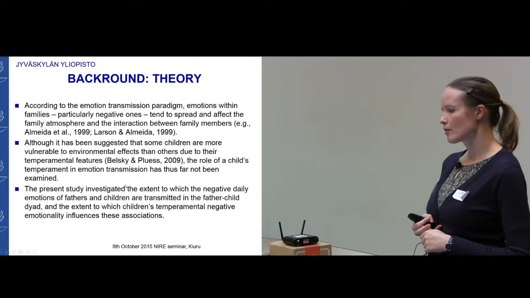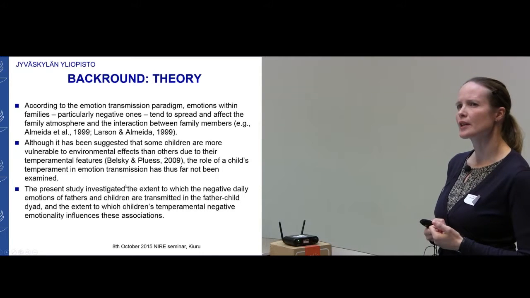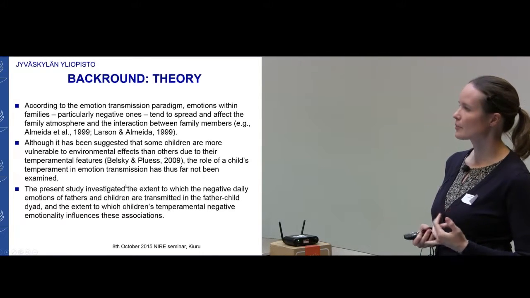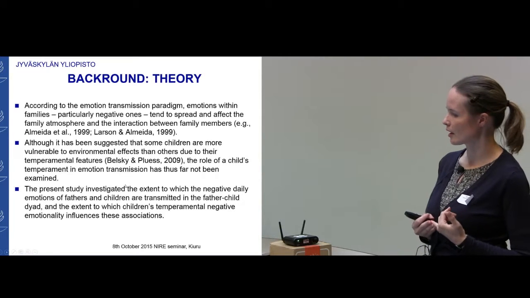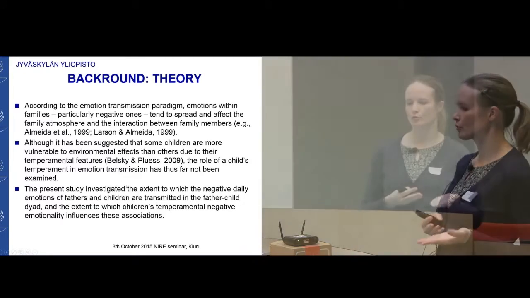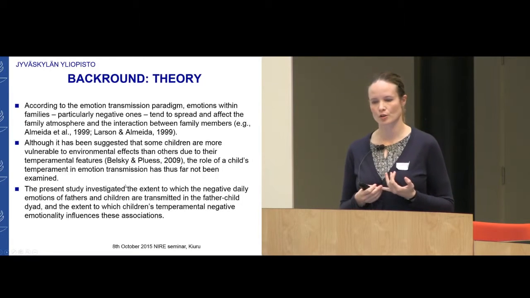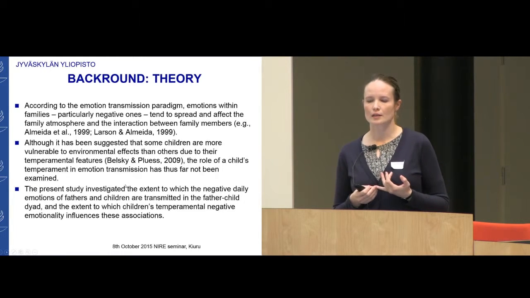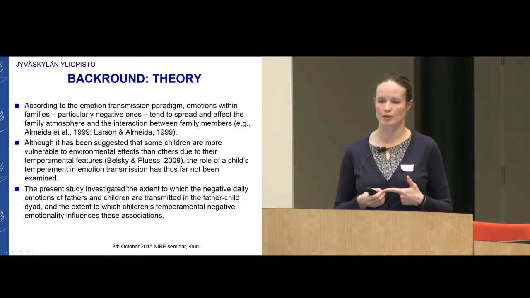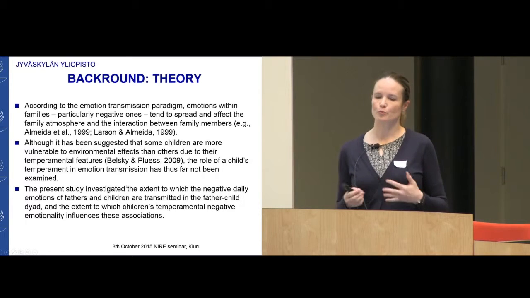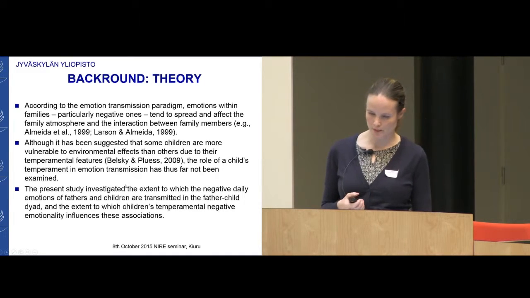And well, it has also been suggested that some children might be more vulnerable to environmental effects than the others, for example, due to their temperamental features. But yet, the role of child's temperament in this emotion transmission has not been studied much.